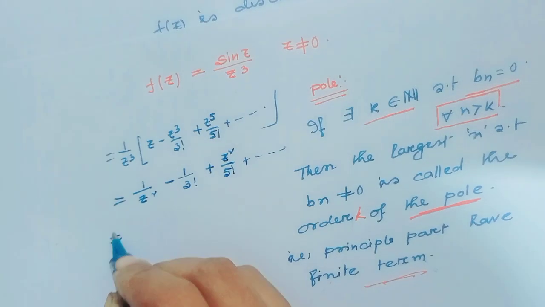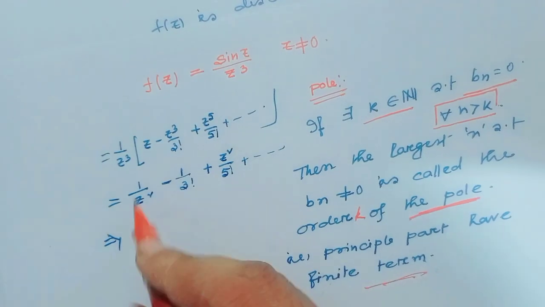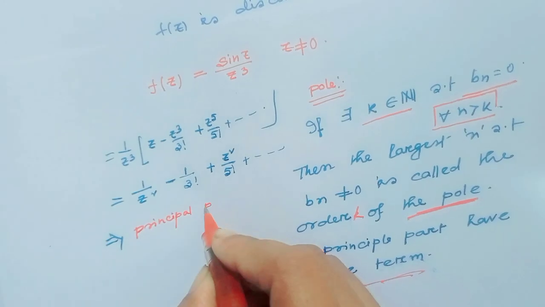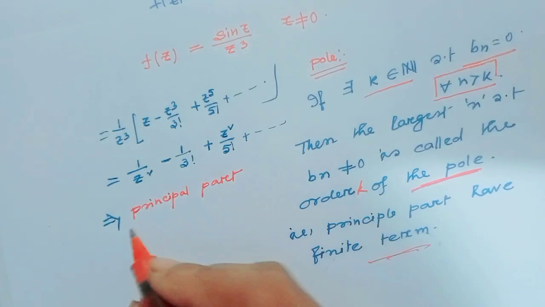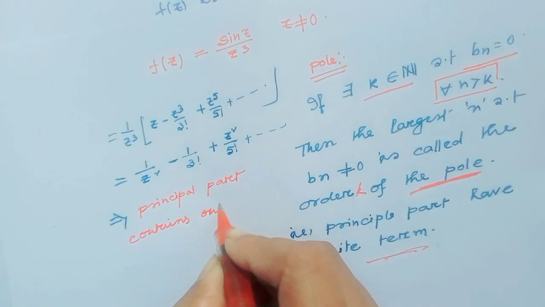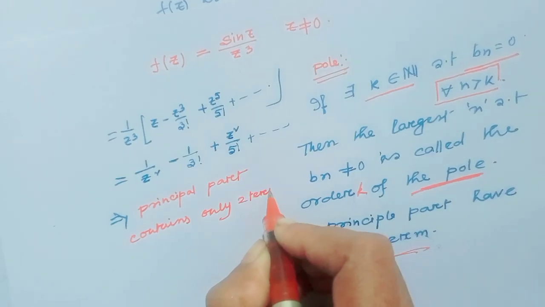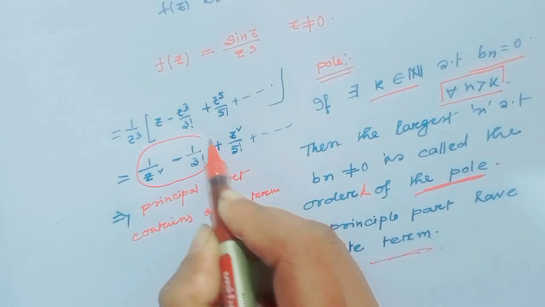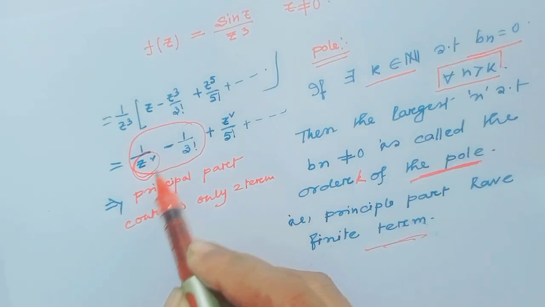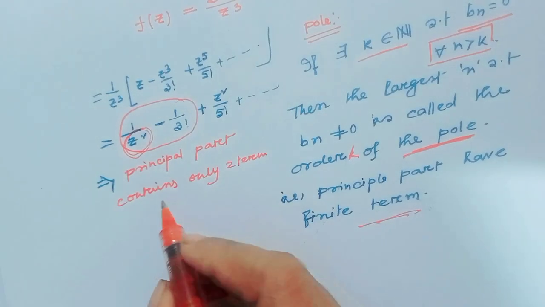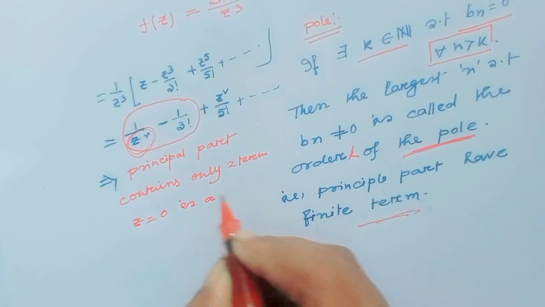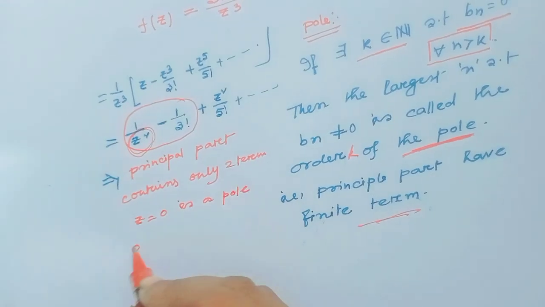Notice here the principal part contains only two terms. This is the principal part. The highest degree is 2, so z equals 0 is a pole of order 2.